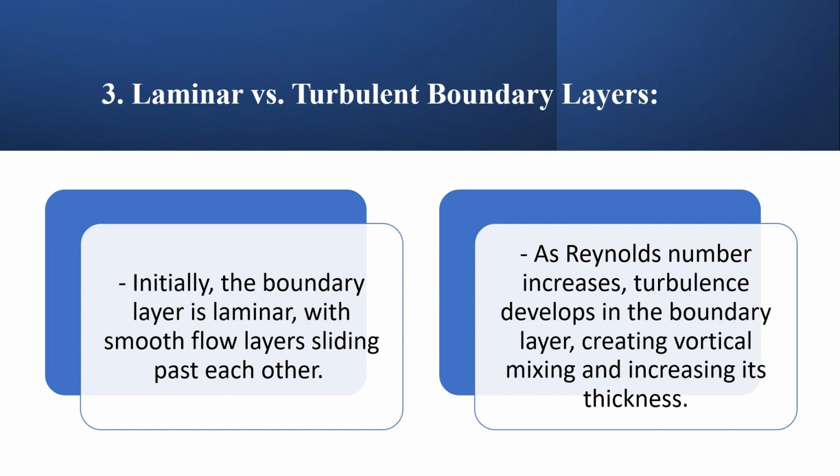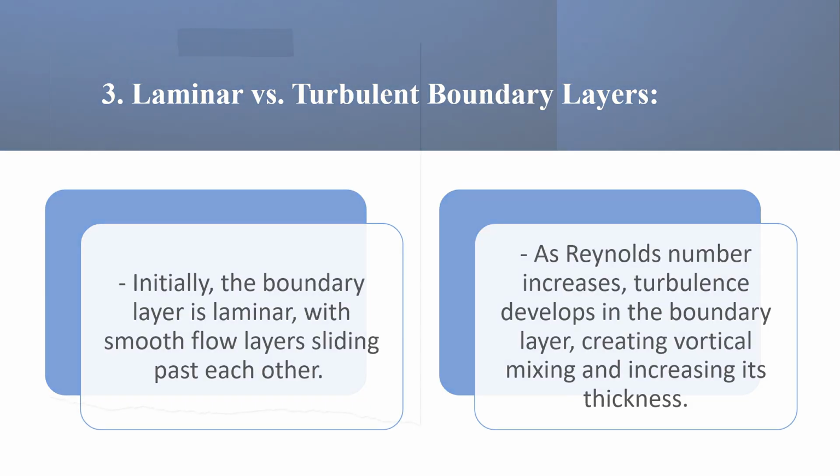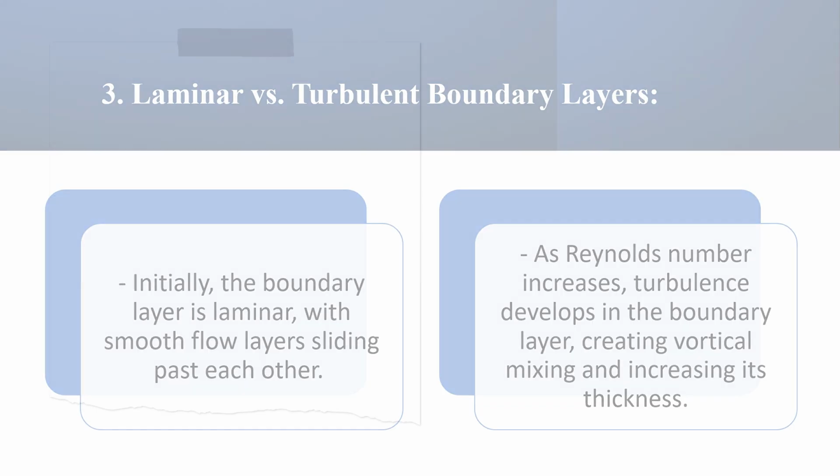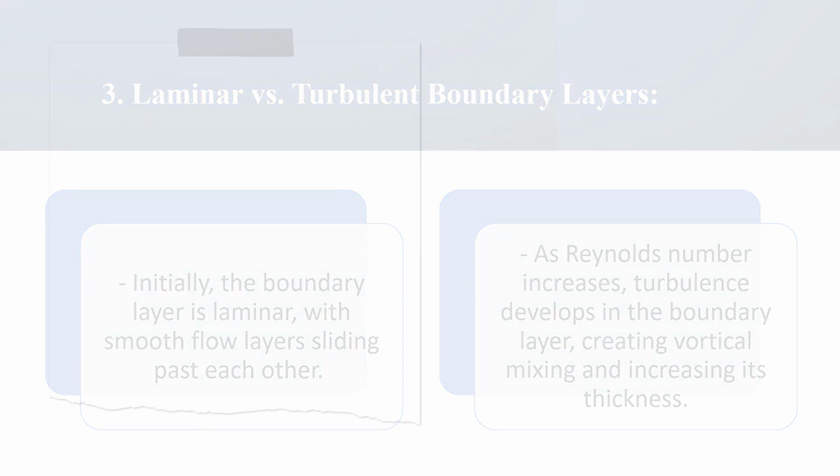As the velocity increases and the Reynolds number becomes large, the boundary layer becomes less stable. Eventually, it can transition into a turbulent boundary layer characterized by chaotic flow and increased mixing. This causes the boundary layer to become thinner and more complex.